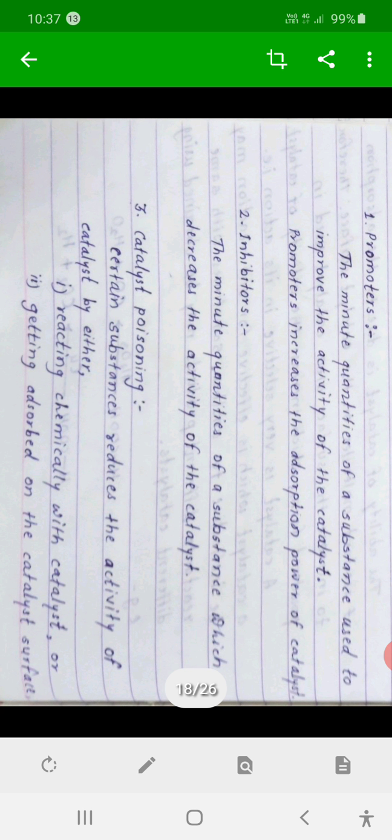These poison substances react chemically with the catalyst and block the surface of the catalyst, or they may adsorb on the surface of the catalyst and block it. Therefore, the catalyst surface is not available for reaction.